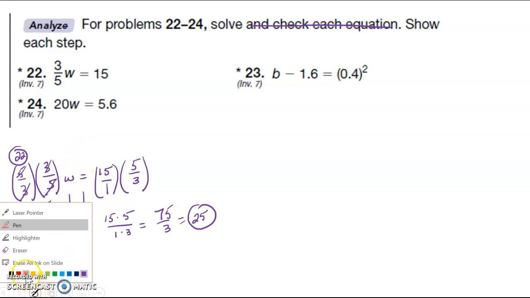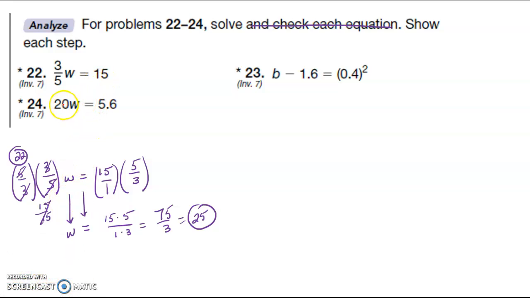Let me change colors here. 23. The first thing I'm going to do on 23 is take care of this exponent. So this is b minus 1.6. You'll see I did nothing. And this is 0.4 times 0.4.